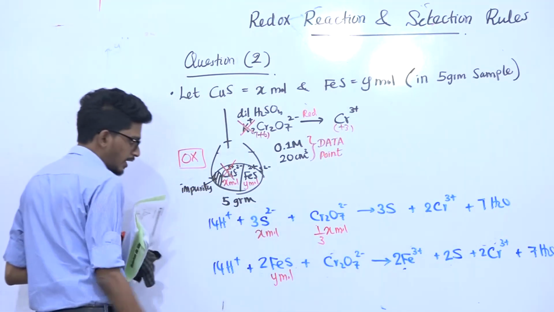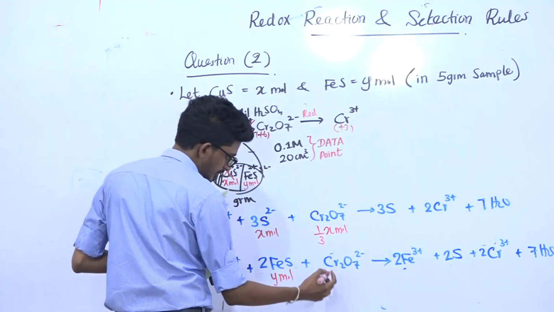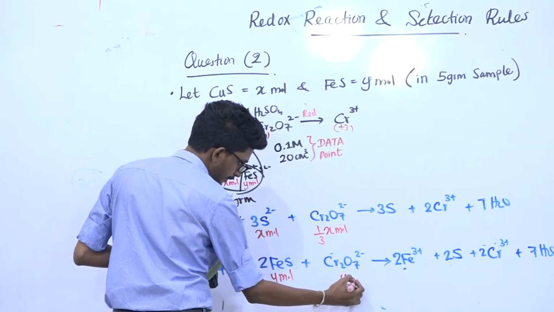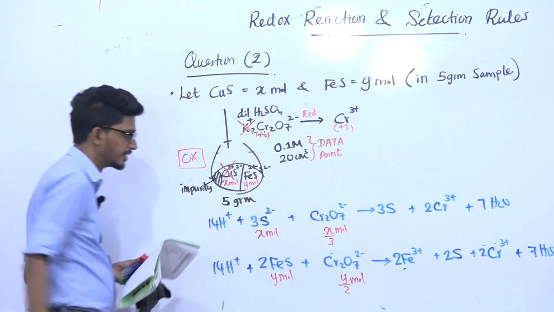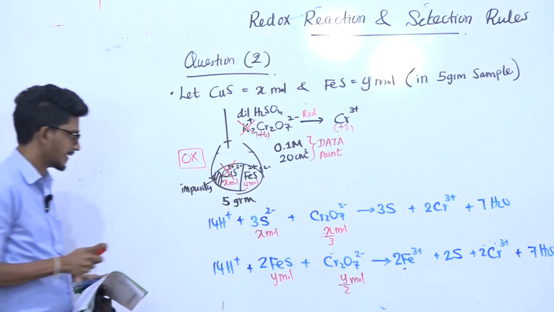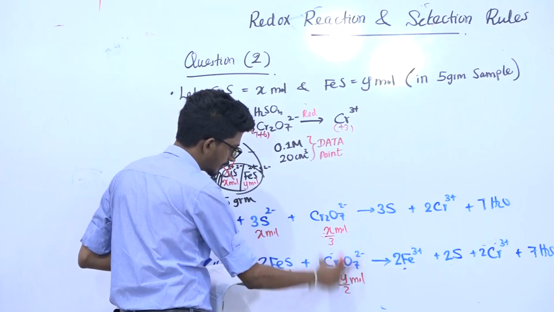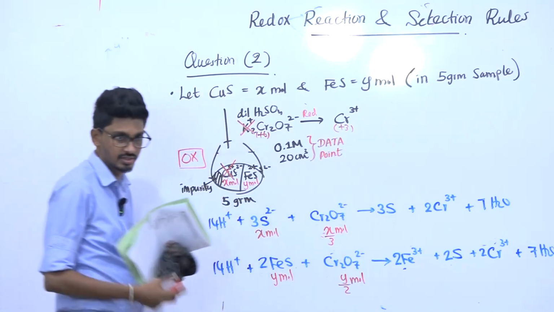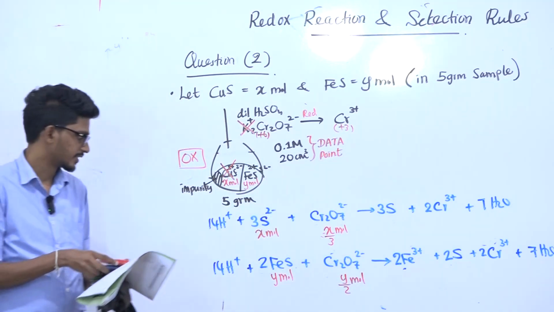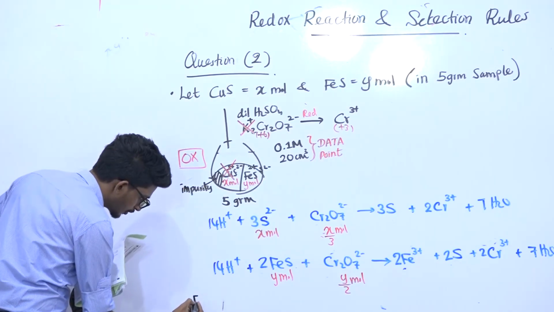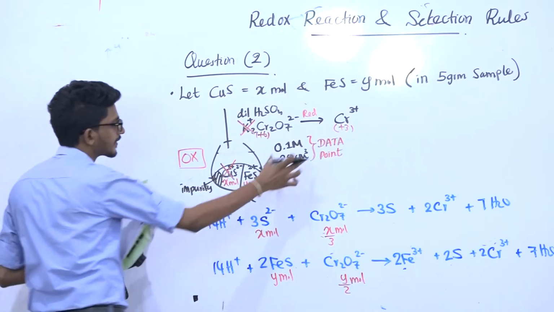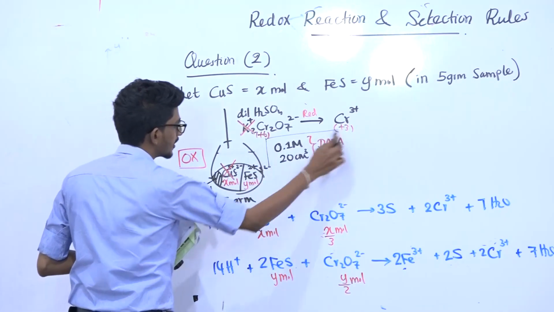Here y moles is for 2 portions, so for one portion it is y over 2. So we have brought these unknowns x and y towards the chemical of the data point. Now you can come up with the first simultaneous equation, that is for the moles of dichromate.